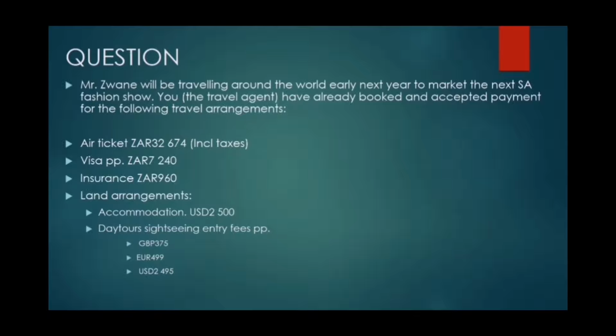We have GBP 375, 499 euros, and 2,495 USD. So here, the first step is to convert your land arrangements into South African rand, so that we can find out how much the total of the travel arrangements is going to be. This scenario is basically the information that we will use to do the calculation.